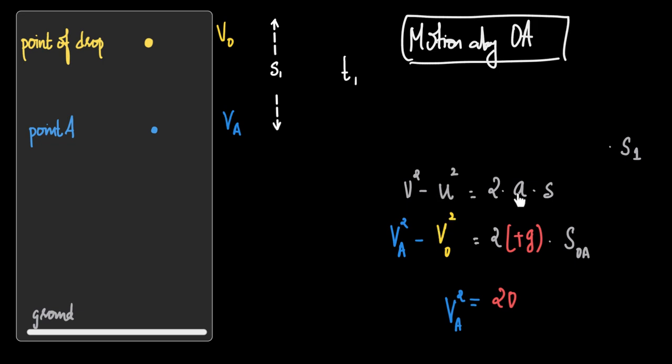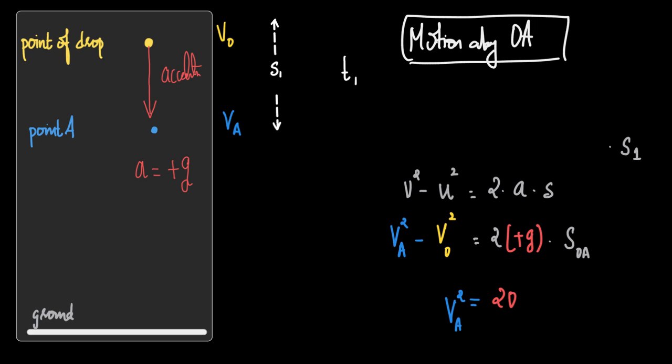What is acceleration? Now, this is where things become more important. Since the object is falling under gravity, the body is experiencing acceleration, and therefore the value of acceleration would be plus g.